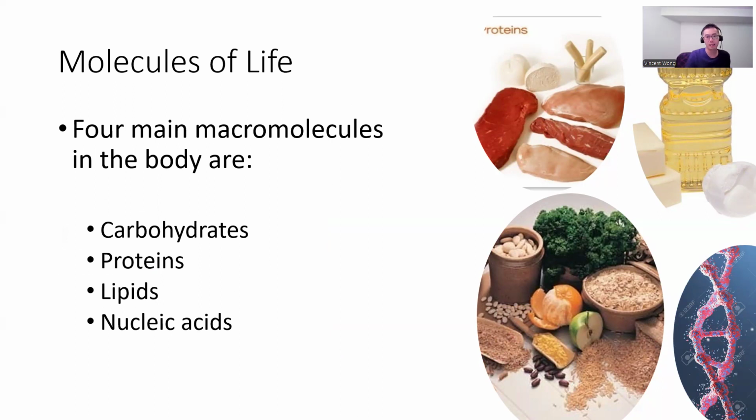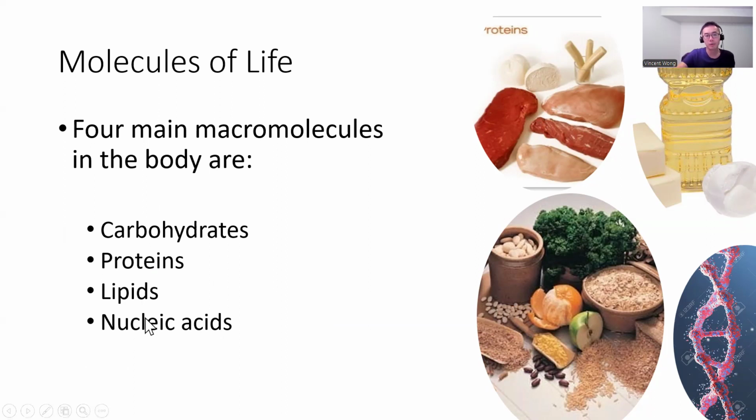Proteins you will find in meat. If you are vegetarian or vegan, then you would get your protein from soy products, perhaps tofu. Mushrooms have protein as well. Lipids you can get from things like butter and oil.